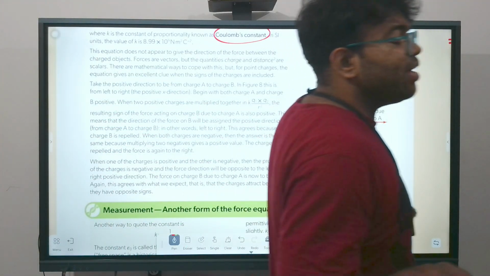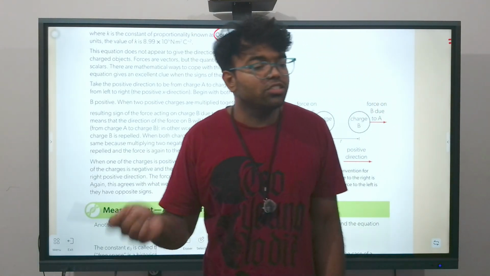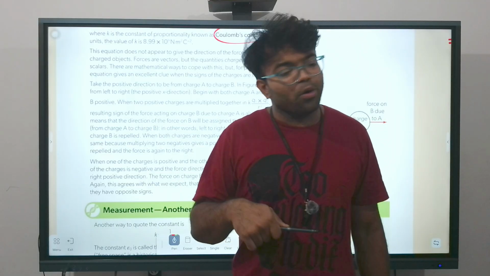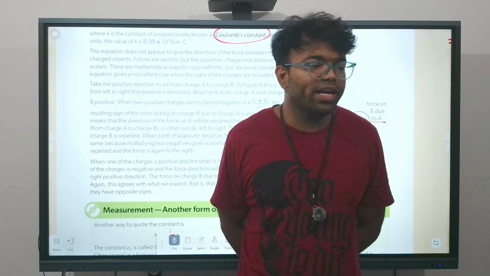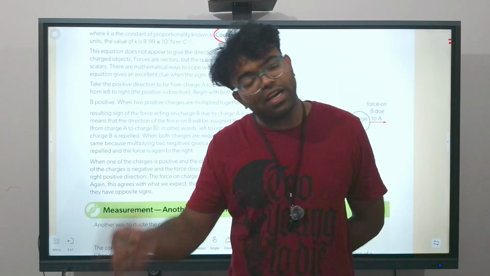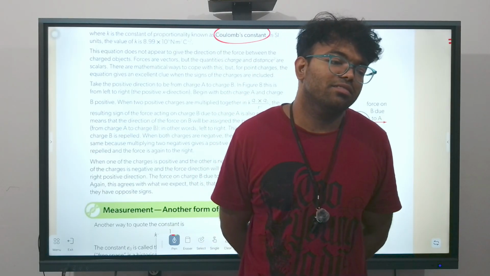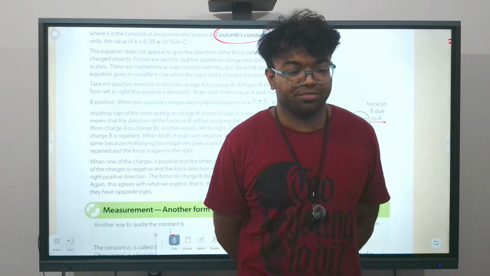So if we include the signs of a charge, what will happen? If both the charges are positive, you will get a positive force. If both the charges are negative, you will again get a positive force.